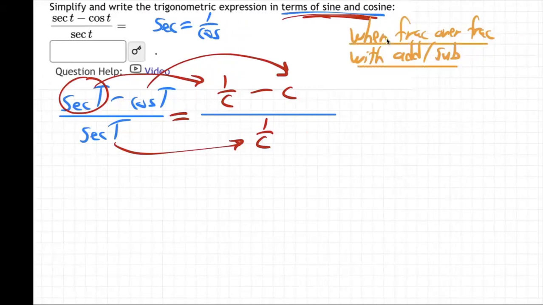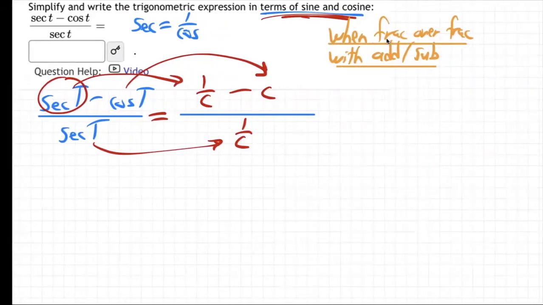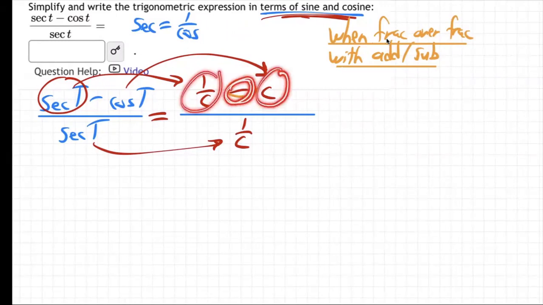This guy right here is a big deal. Adding and subtracting glues things together. So you need to know this. Going forward in math and science, physics, calculus, this is really important. So pluses and minuses are kind of like glue. They glue things together. Those are separate terms glued together.